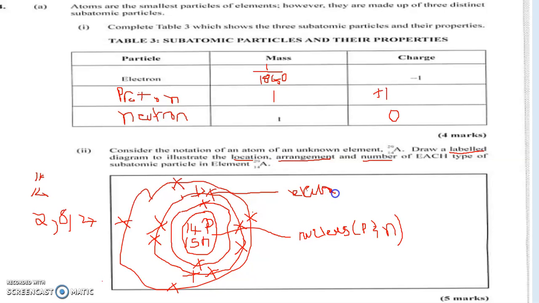Electrons. This is an E and these are L's. The circle, we can just name as our shell. So these are our electrons, the circle itself is our shell, and here is our nucleus.